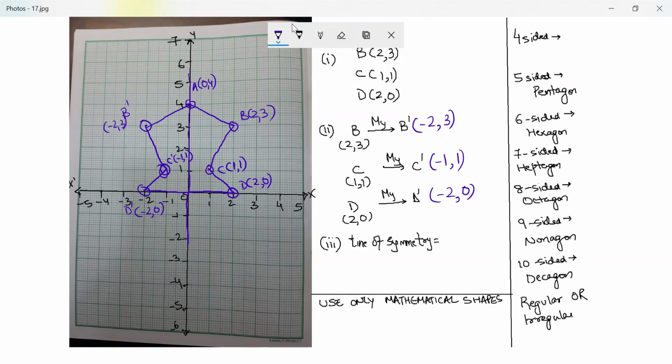So obviously the y-axis is the mirror line, which is the line of symmetry. But since in the question they say write down the equation, the equation of the line for the y-axis is x is equal to 0. Perfect. The two parts will coincide.